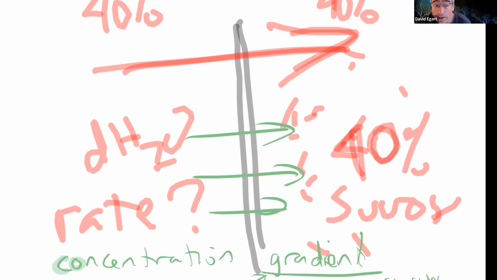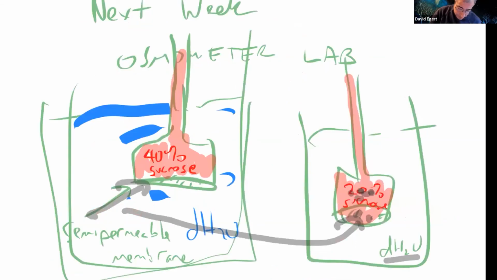In fact, if we look at our setup here, the main difference in these two situations is not just that there are different concentrations inside the little tube. It's that the concentration gradient across the membrane is different.